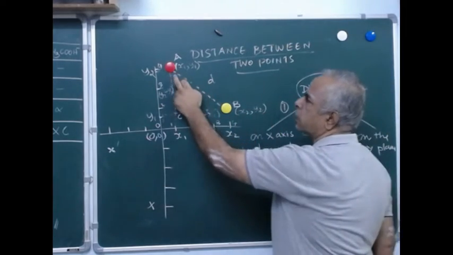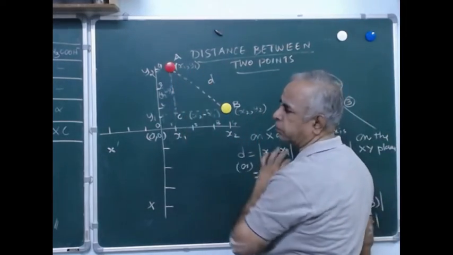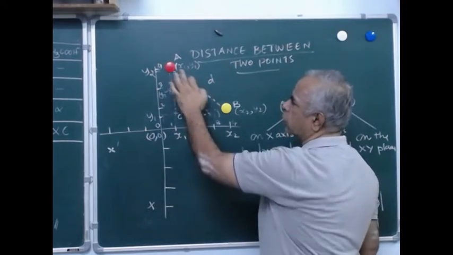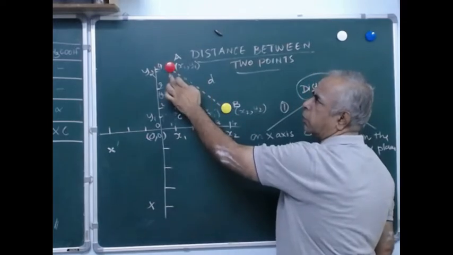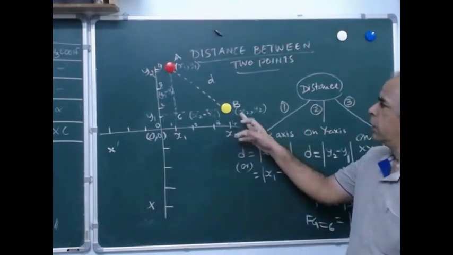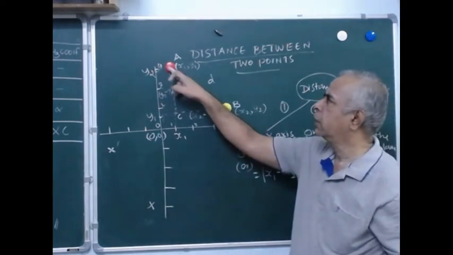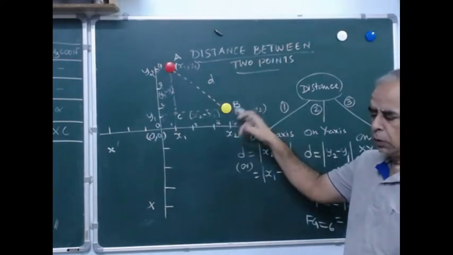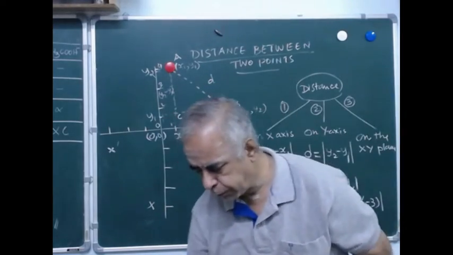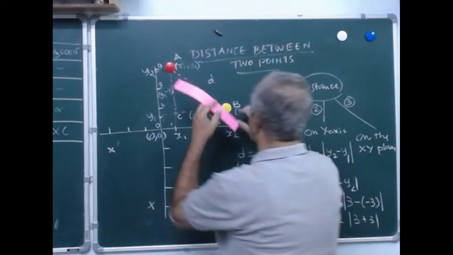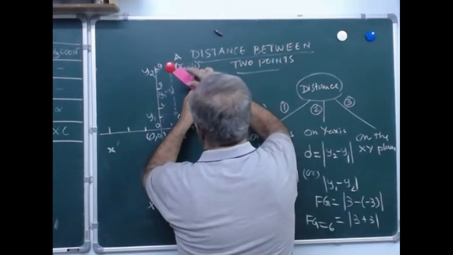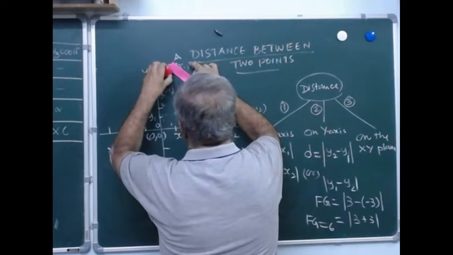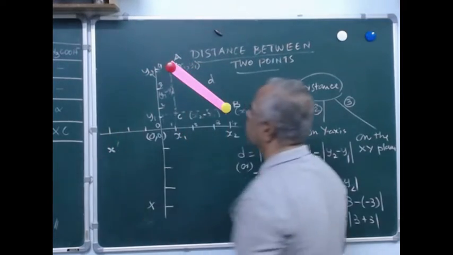And how to represent this point? x1, y1. Clear? What is our objective? This red point is A and this is B. I want to calculate the distance between A and B. Let me mark this as x1, y1 and x2, y2. So we are interested in finding out this distance. Got it?